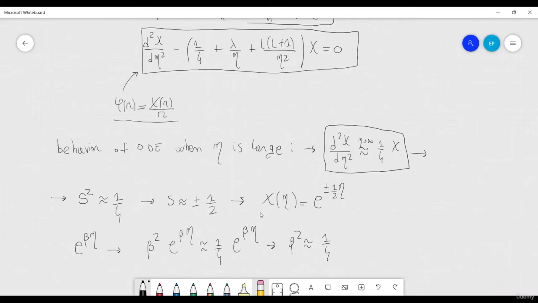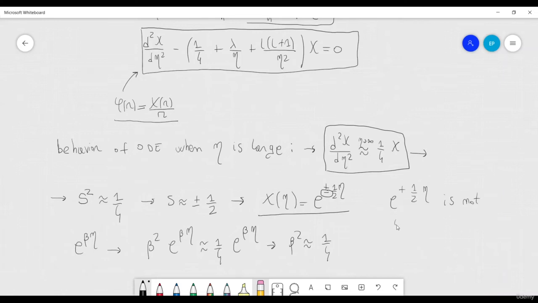So we have this solution, but only one of them is acceptable. Because we have to choose the one with a negative sign. Why do we have to do that? Well, because if eta goes to infinity, the solution with the plus sign is not acceptable because it explodes.